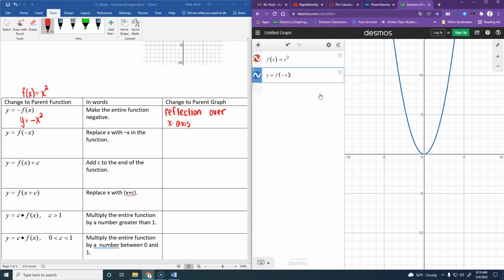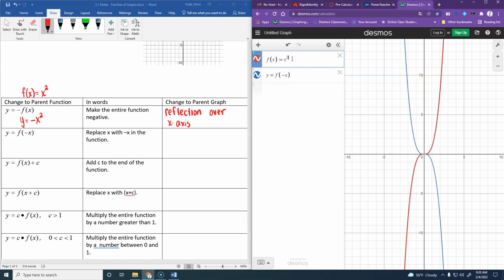The reason it looks like that is because x squared is just not a really good graph to look at for this. Let's make this one x to the third. So x to the third right here is my original graph, this red graph. The blue graph, f of negative x, is the second graph. What happened to that graph?